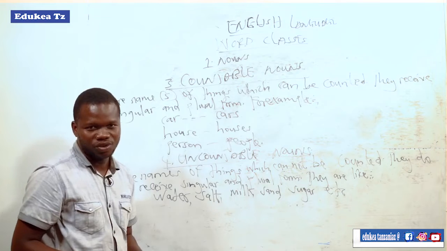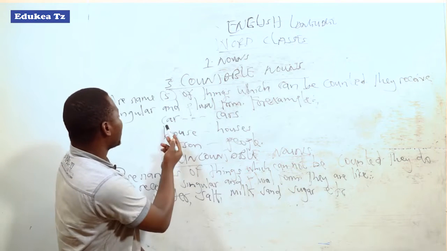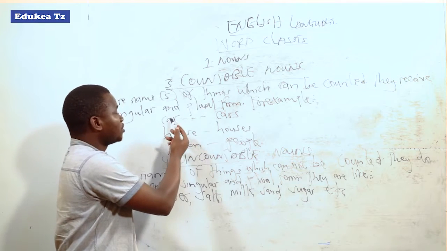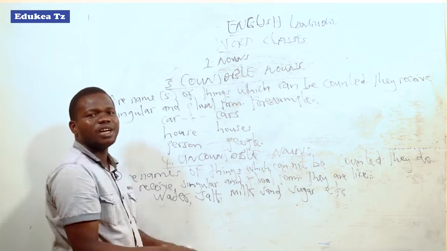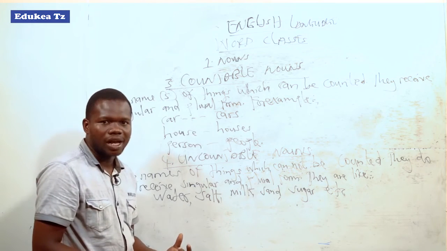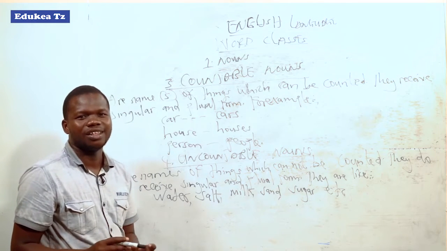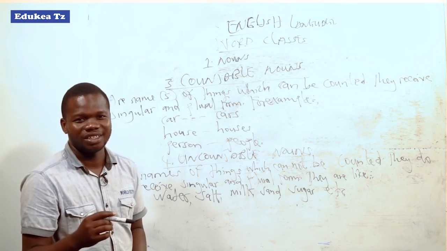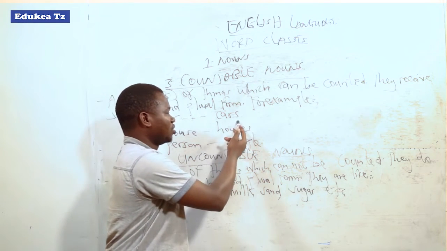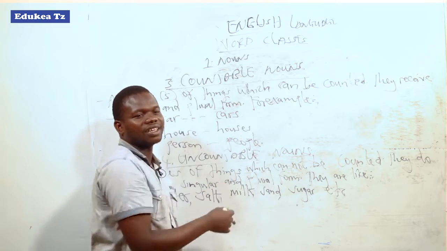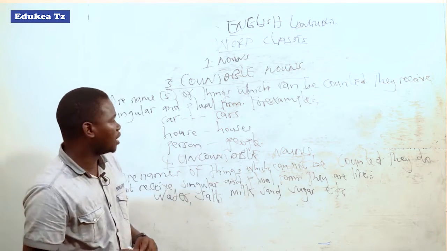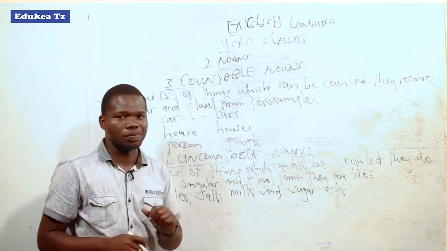We can't say two car, simply because this is a countable noun. We may count them by saying a car, which is one, which is different from saying cars. Once we say cars, they can be 2, 3, 4, and other plural numbers.